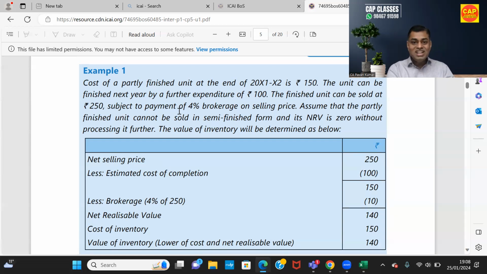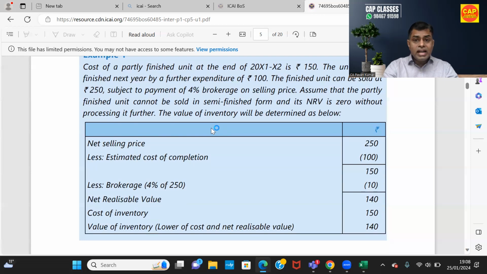People will buy wheat, or wheat flour, which we call pindi in India, or chapati. But when it is dough, no one might buy it. Then NRV is zero if no one is buying. So simple. Pawan sir, what to do? Simple: process this into chapati, then only you can sell. That is what they are saying.